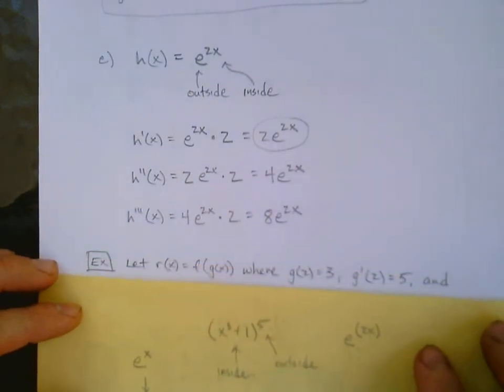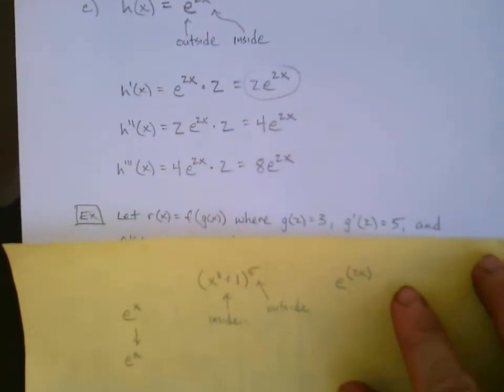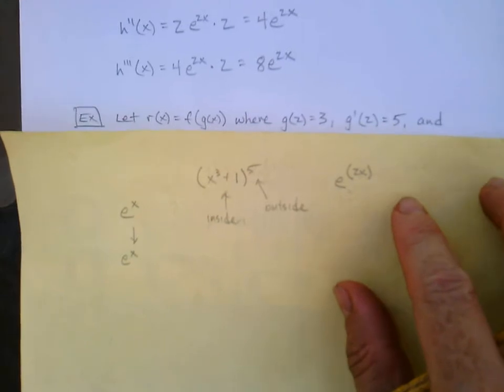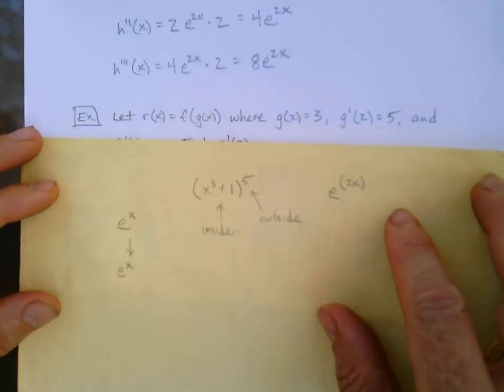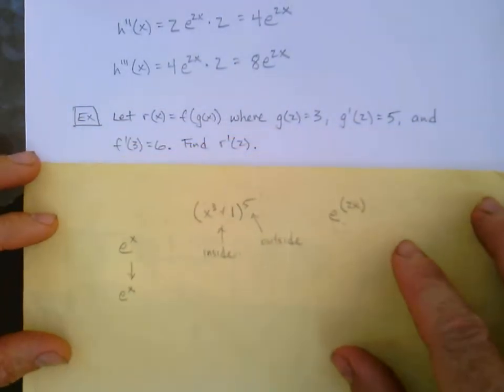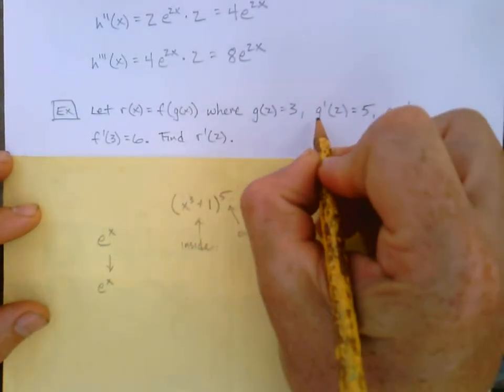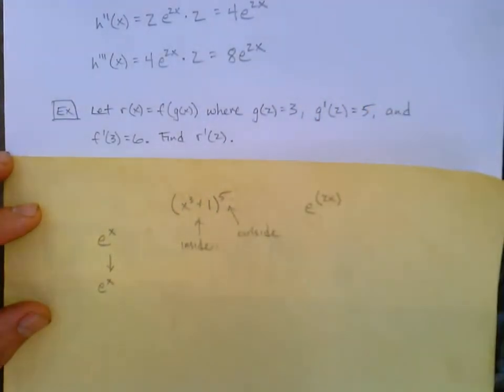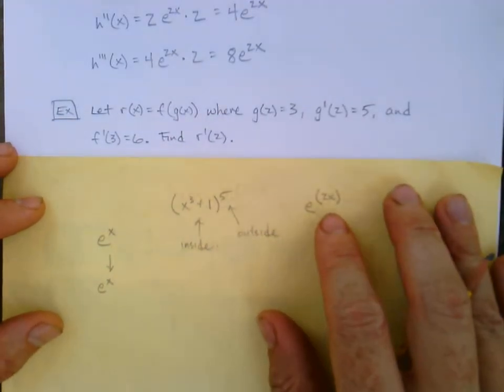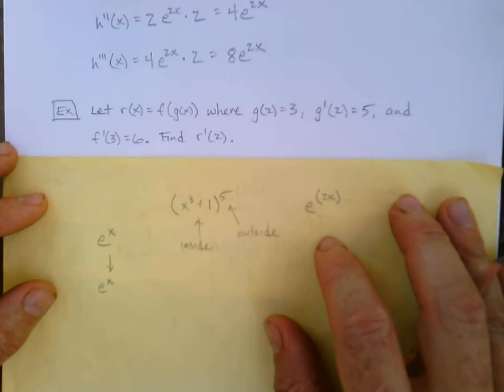All right, I got one more example, and this one abstracts the idea of the chain rule a little bit. I think there were homework questions of this same nature with product rule, maybe quotient rule as well. Be good to do one together here.